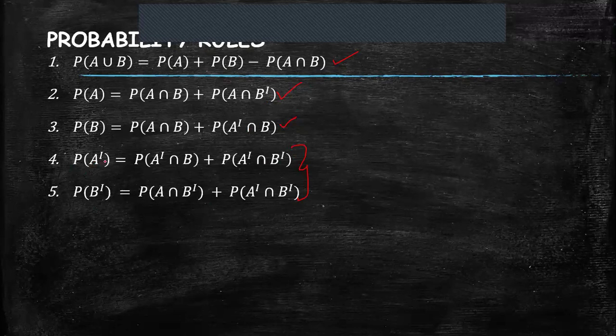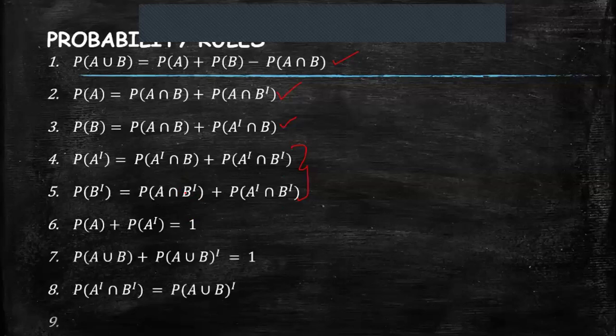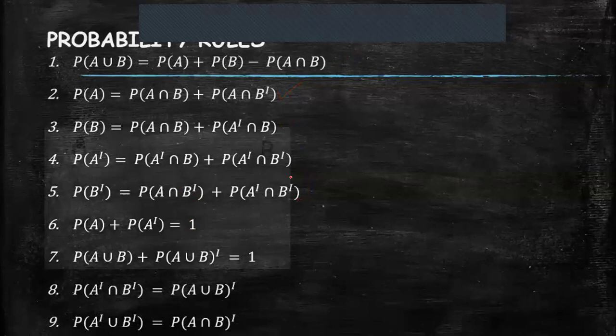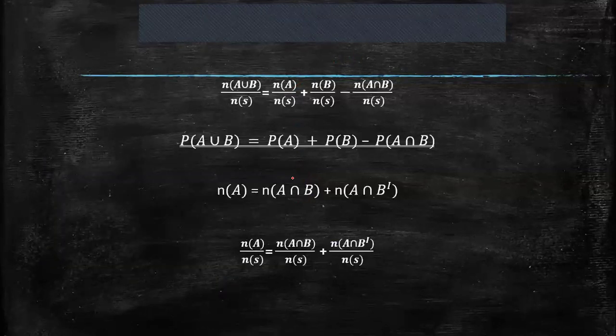If we have a prime, we change where we have probability of A, we attach the prime where the A is, and likewise for B. So we were deriving the 6, but let me go to the next slide and then we proceed. So we had finished this.